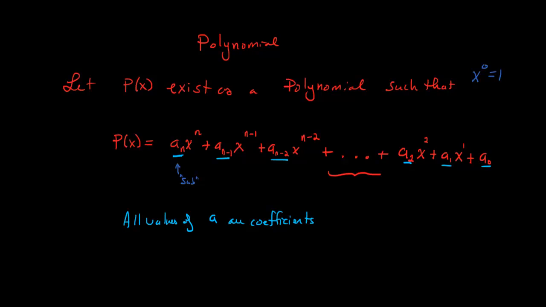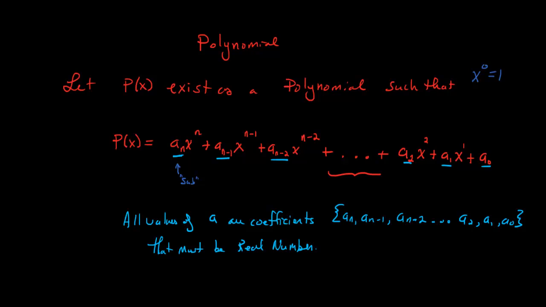So this includes a sub n minus 1, a sub n minus 2, all the way down to a2, a1 and a0. All of those are coefficients that must be real numbers. They must be real numbers, so they cannot be imaginary.